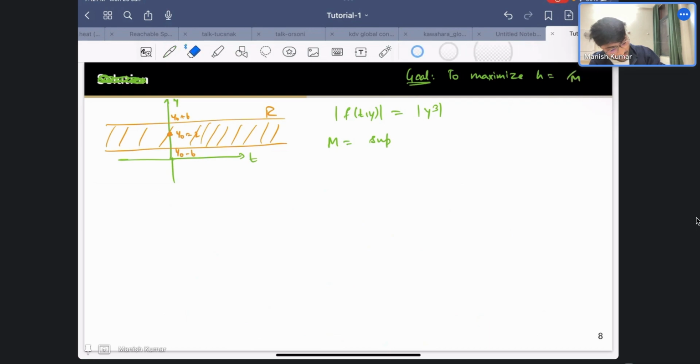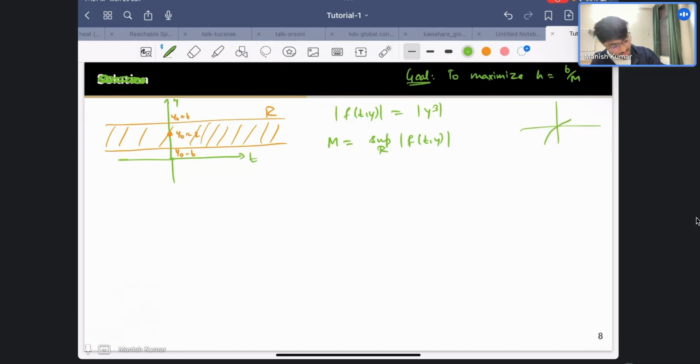Okay, so what is the maximum value? The value of m I will have to figure out, right? So m is just the supremum over R of the function f of t comma y. So you see this y cube in this interval will take the maximum value at the end point. So y cube is an increasing function, like this.